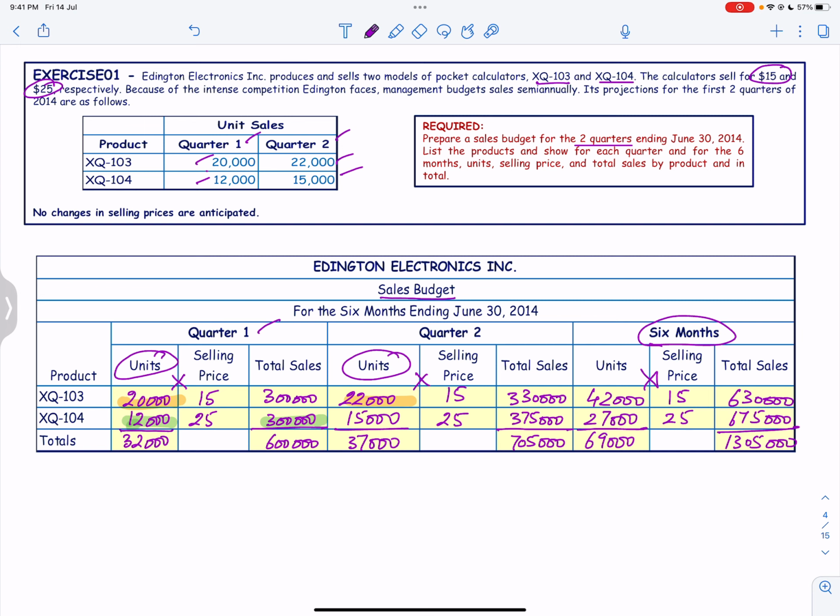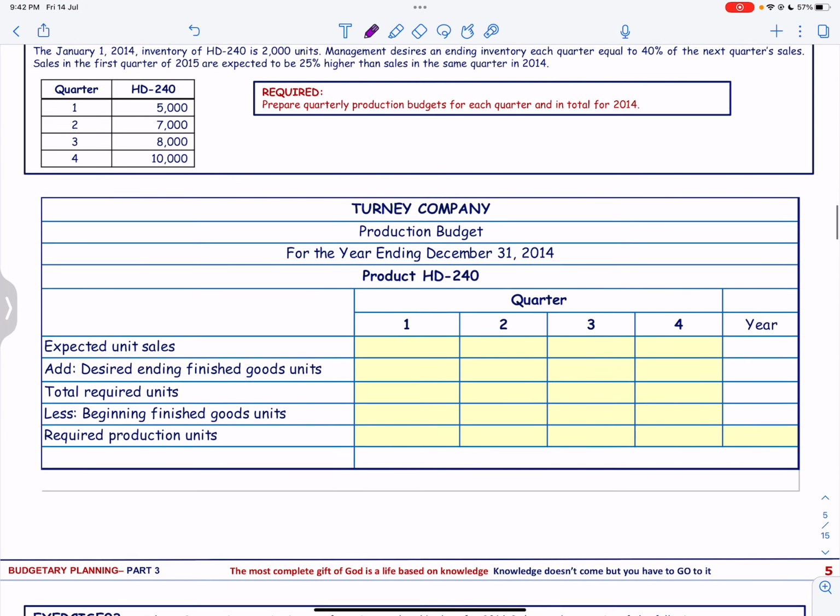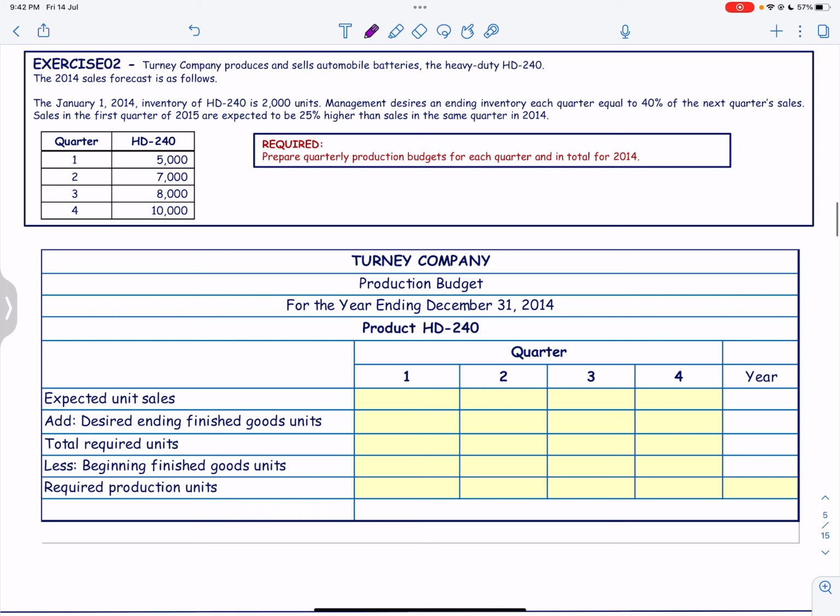Next, let us solve an exercise on how to prepare a quarterly production budget. Now, Trendy Car Company produces and sells automobile batteries, the heavy-duty HD240. The January 1, 2014 inventory is 2,000 units. This is the beginning inventory.